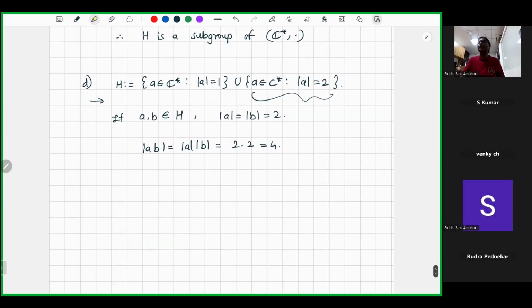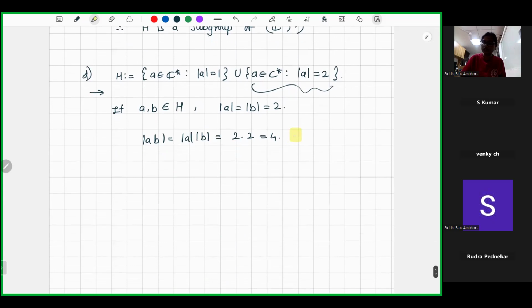But here the multiplication itself is a problem. The multiplication itself is not satisfying. The moment I take two elements of modulus 2, their product will have modulus 4. So here this set is not closed under multiplication itself.